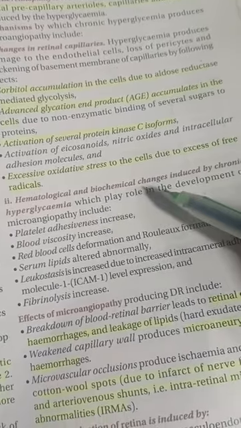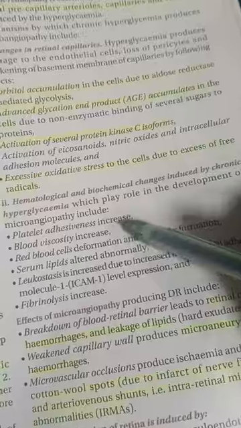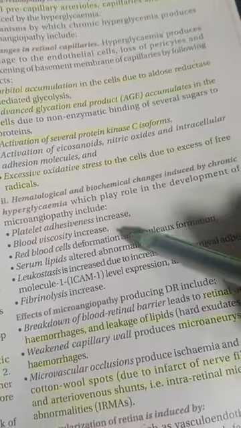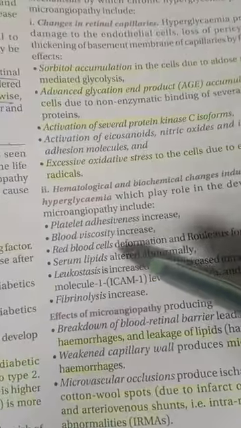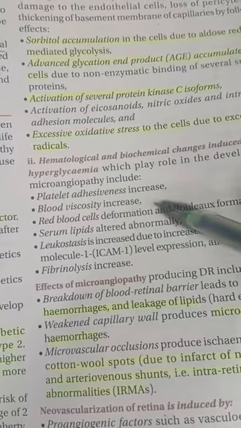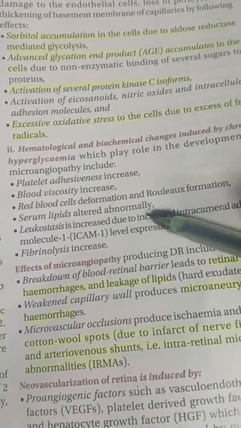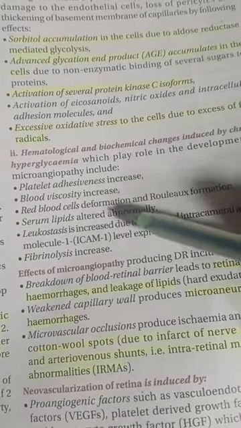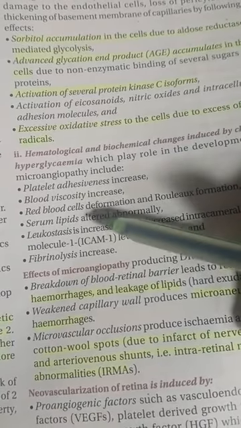Hematological and biochemical changes induced by chronic hyperglycemia, which play a role in the development of microangiopathy, include increased platelet adhesiveness, increased viscosity, red blood cell deformation and rouleaux formation, that is clogging together, and destruction of red blood cells.